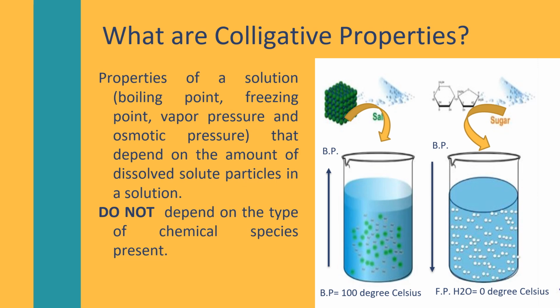of the solution, and the freezing point of the solution is going to decrease. So normally we know that water has a freezing point of 0 degrees Celsius, assuming we are at sea level, and the boiling point of water at sea level, or at 1 atmosphere pressure, is 100 degrees Celsius.